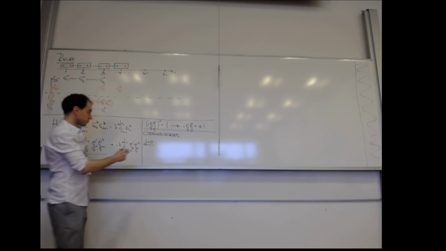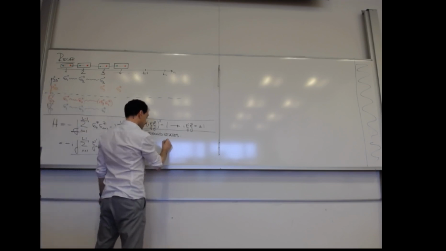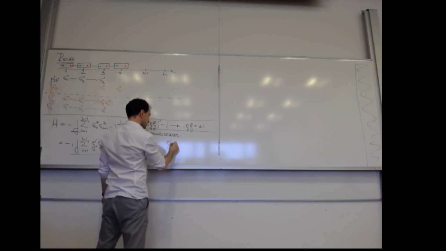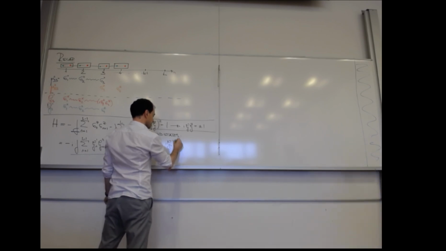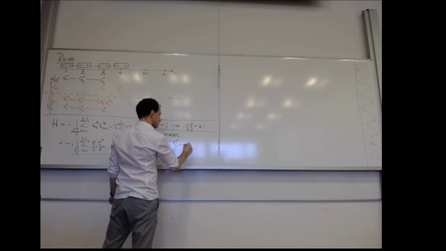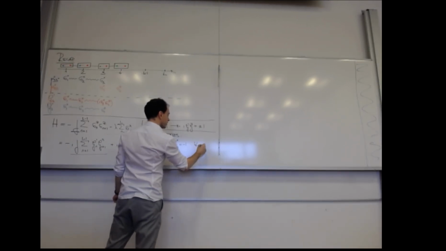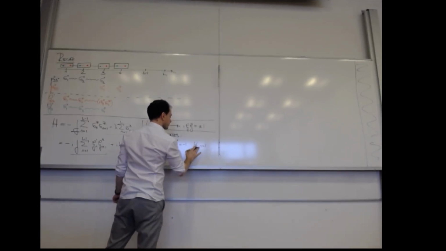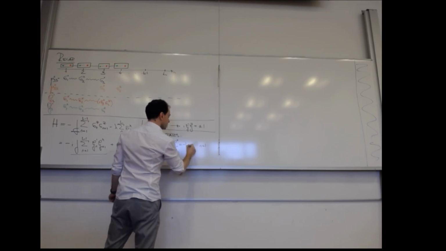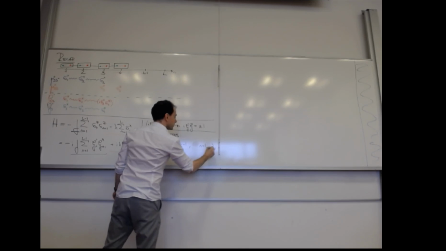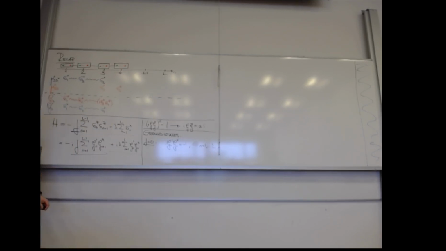So the ground state is given by i zeta n prime zeta n double prime equals minus 1 for all n, n from 1 to L. That is the ground state, given that lambda is positive.